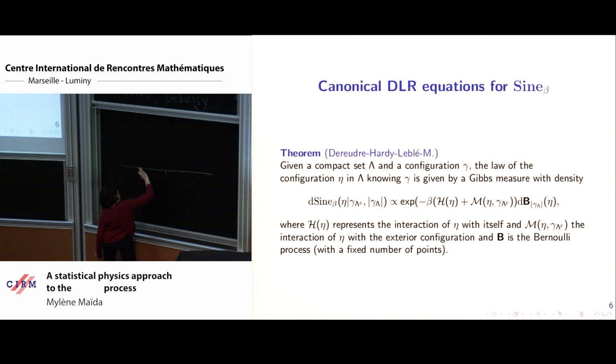Maybe first, before having the box here, you just draw a configuration according to Sine beta. So this is an infinite configuration on R. Then you fix a box lambda, which is like that.